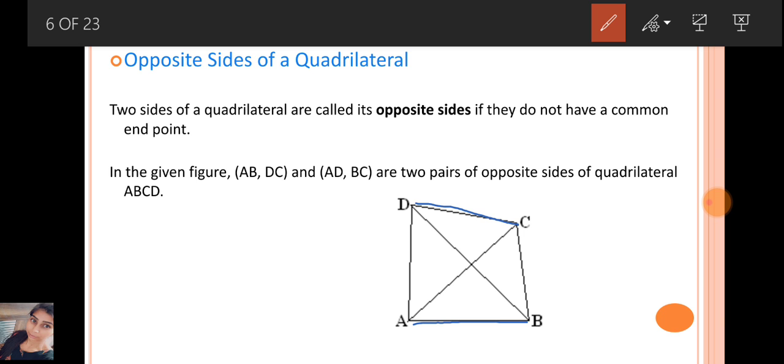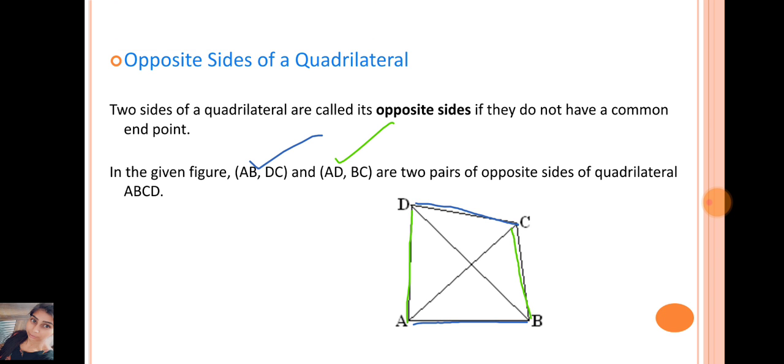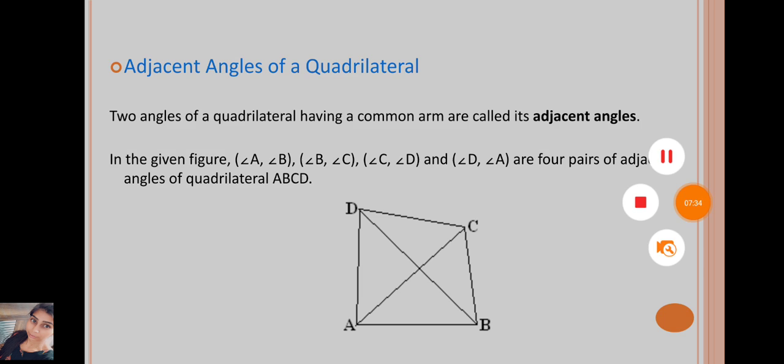No, they do not, because this line is AB only, this line is CD only. So they are called opposite sides. The next one is BC and CD. Again just see, they do not have any common endpoint, so they are also a pair of opposite sides. So let us move to the next topic.